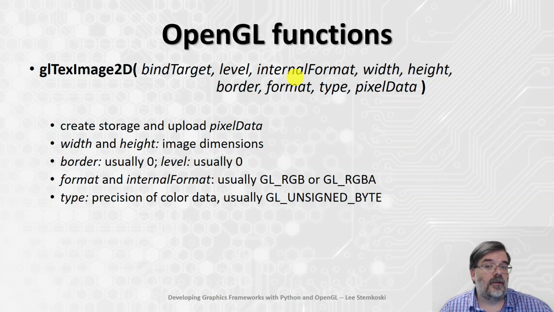Format and internal format tell us what format the pixel data has. For example, some image types, like a JPEG image, only store red, green, and blue values in each pixel. So in that case, the format of that data would be specified by the OpenGL constant GL_RGB. We will always work with images that support transparency.